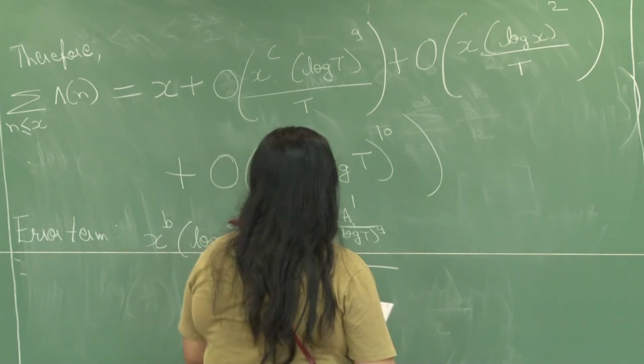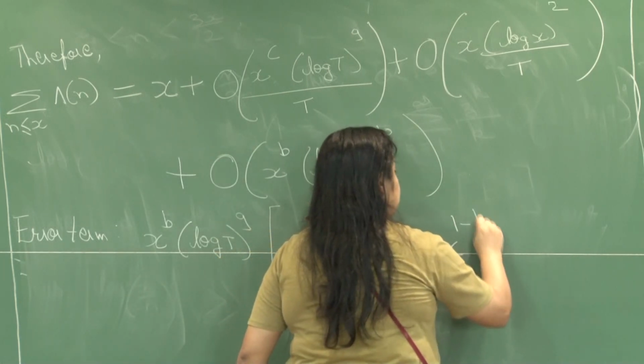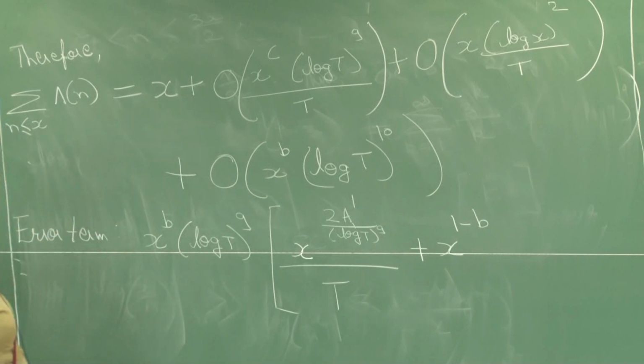That will just become x raised to the 1 minus b, since you are pulling out x to the b.